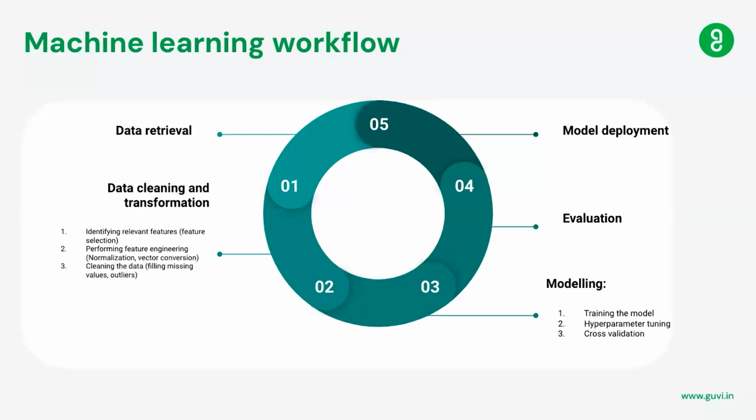Let's say, for example, you have to perform a very basic task, which is image classification. I give you an image and you have to tell me whether it is an image of a dog or not. This is a very simple image classification task.